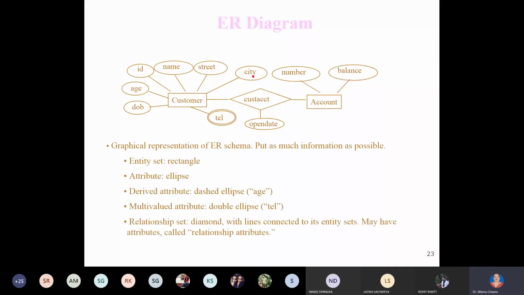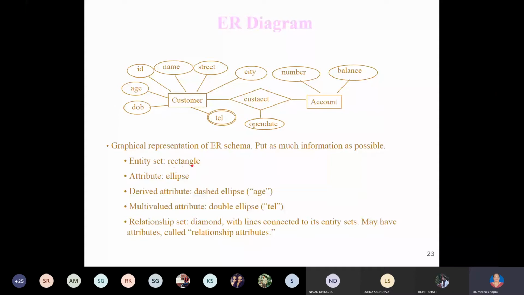Similarly, same entities are rectangles, attributes are ellipses. Now, one more thing I have to discuss: on any of the tools you are using on an online platform, all are freeware tools, and you can use any of them for making the ER diagram. Make sure that you are using the correct graphical representation. For example, for entity sets, some tools give you different shapes.